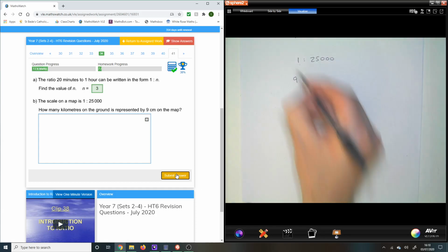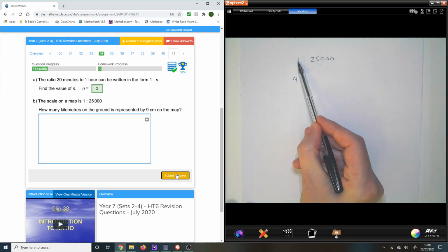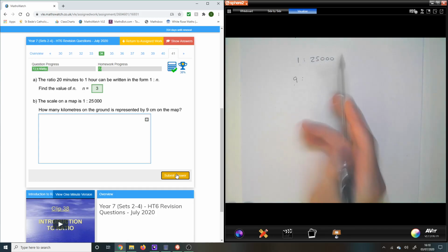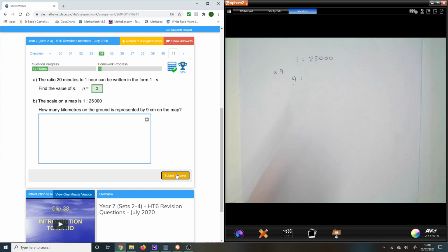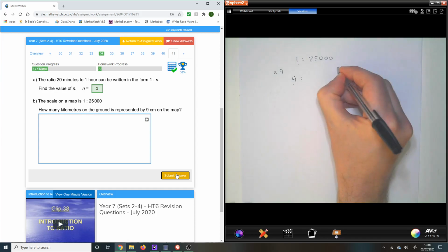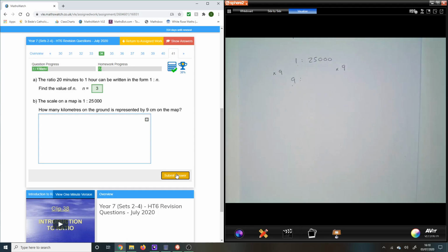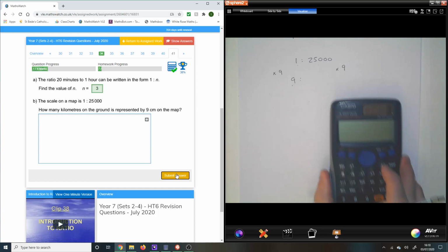Okay, so again, we've got 1 centimeter, we want to turn it into 9. So how do we do that? Well, it's 9 times bigger, so we're going to times it by 9. So we need to times this side by 9 as well. So just bring a calculator in.